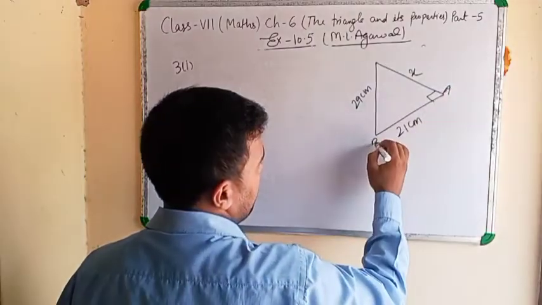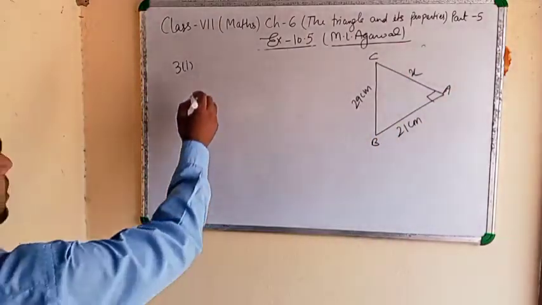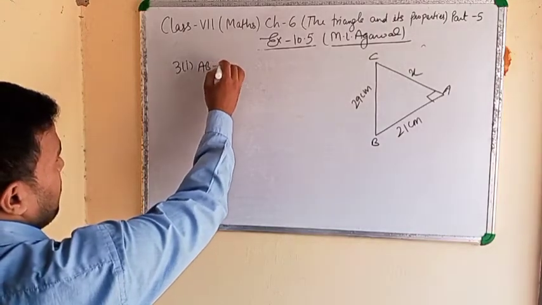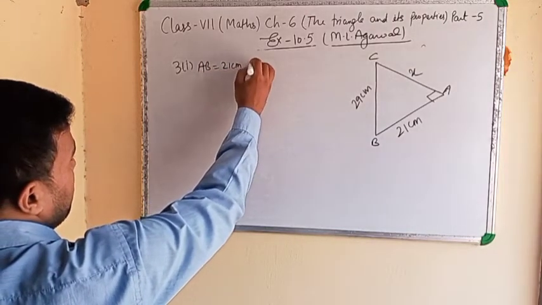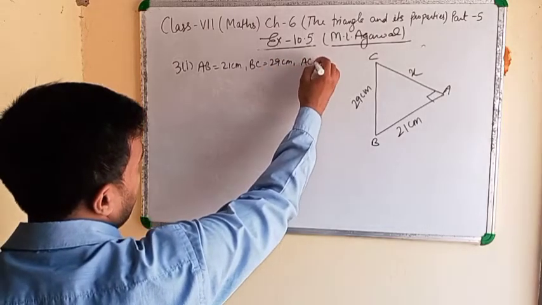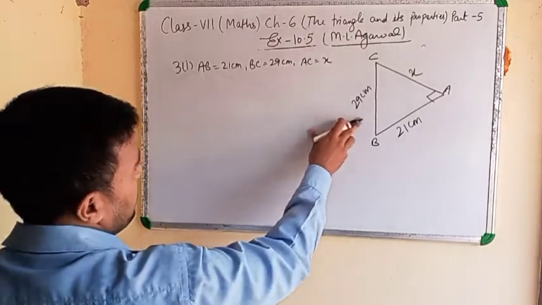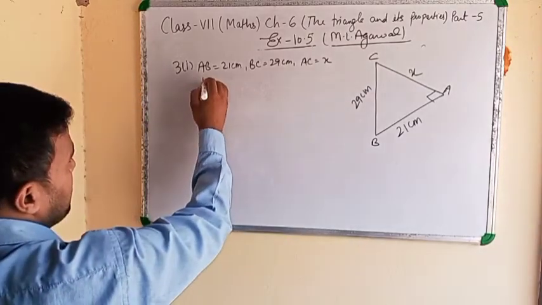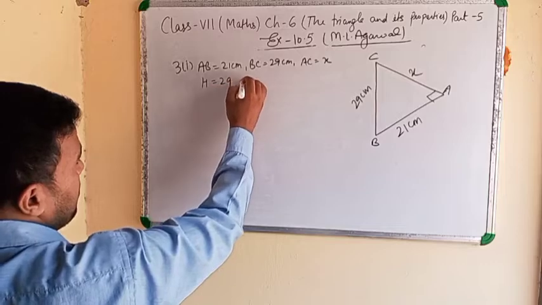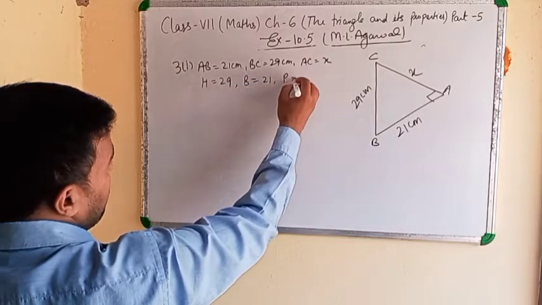A, B, C. Clear? We can write AB equals 21, BC equals 29, AC equals X. Clear? It is the hypotenuse, so H equals 29, B equals 21, P equals X.